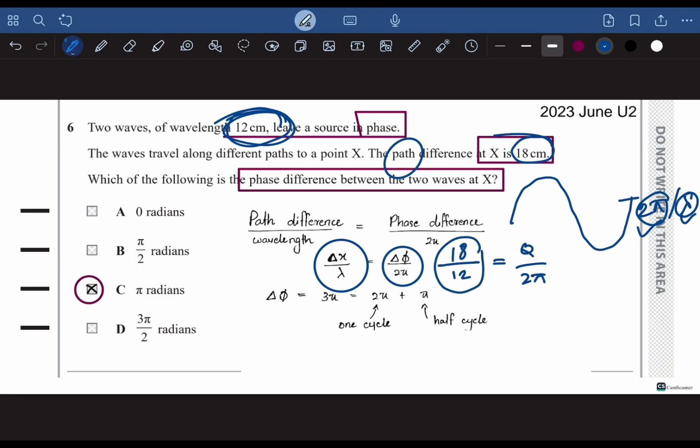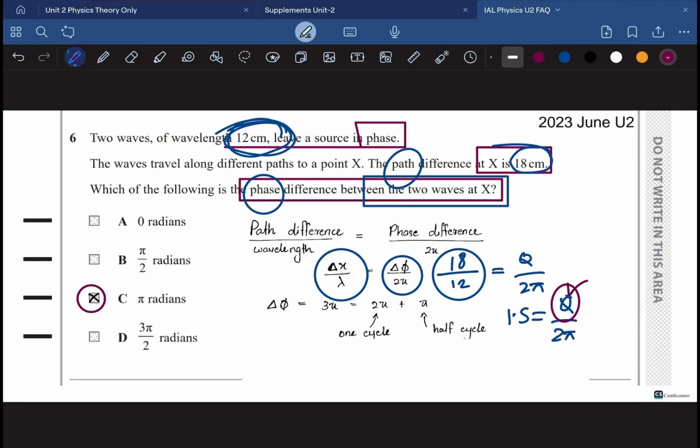Now 18 by 12 becomes 1.5, which equals theta by 2 pi. So now theta is going to be equal to 3 pi. Why 3 pi? Because 1.5 multiplied by 2 pi. So we have got theta as 3 pi.